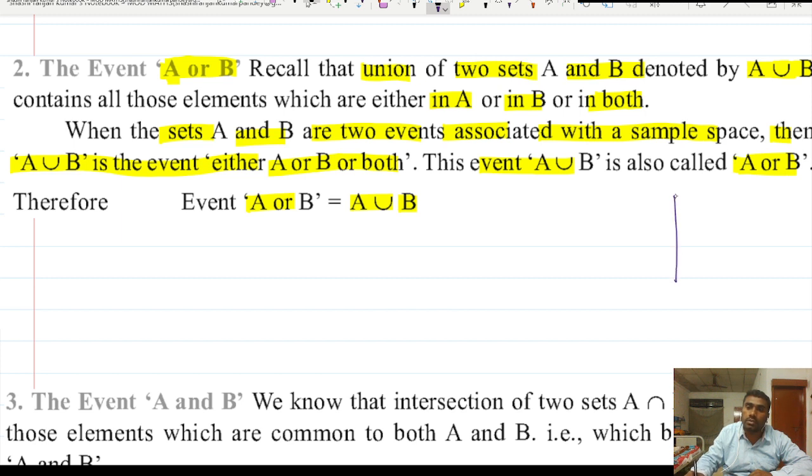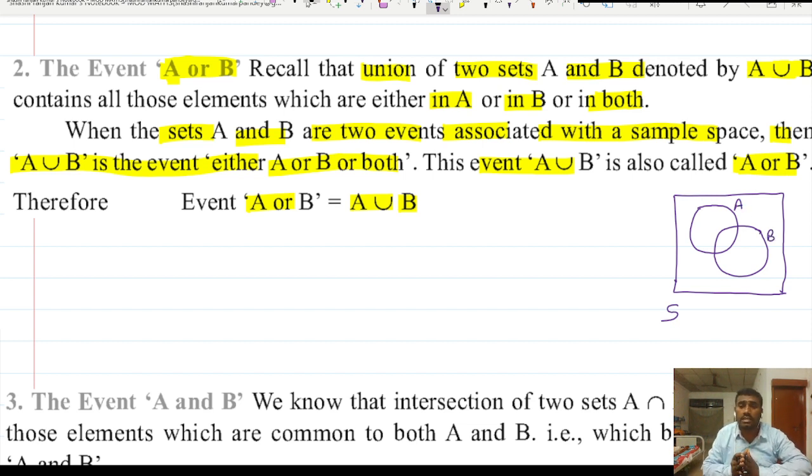Let us suppose this is the sample space, that is, the universal set. Here you have taken event A, and here event B.